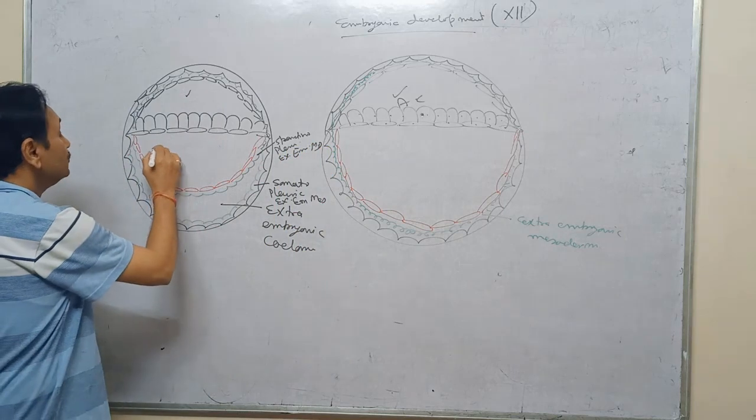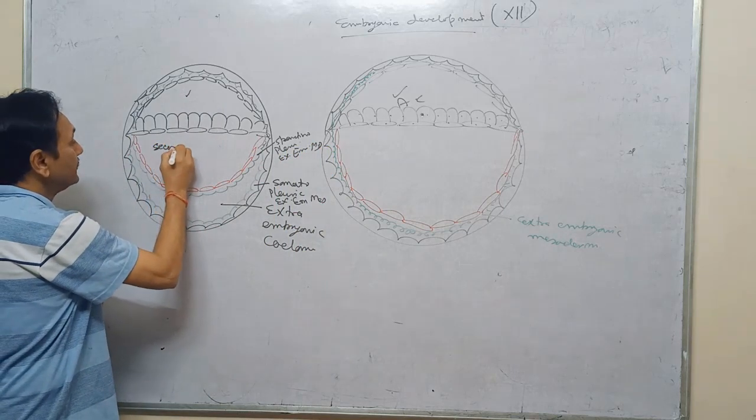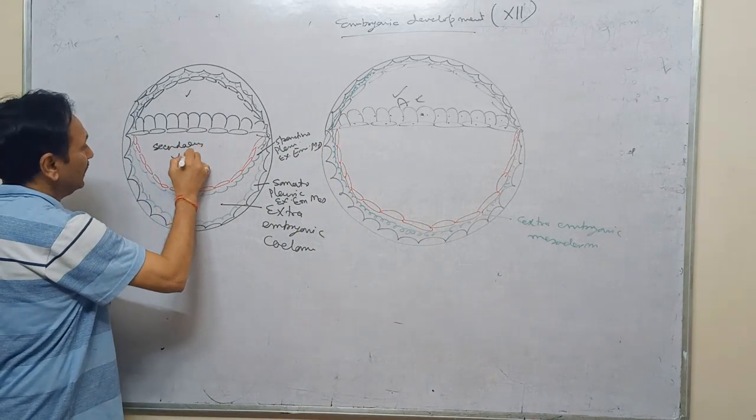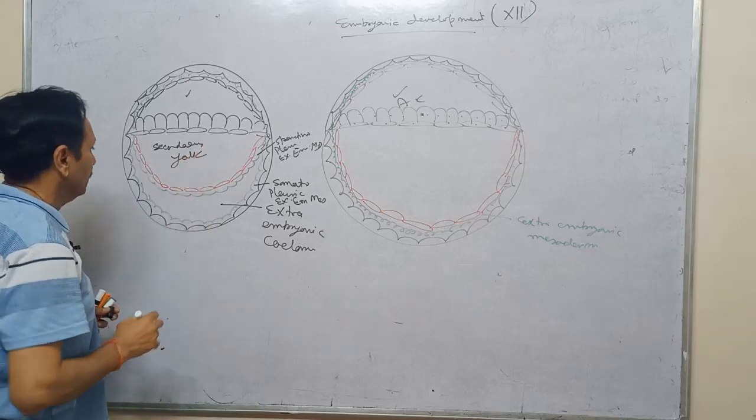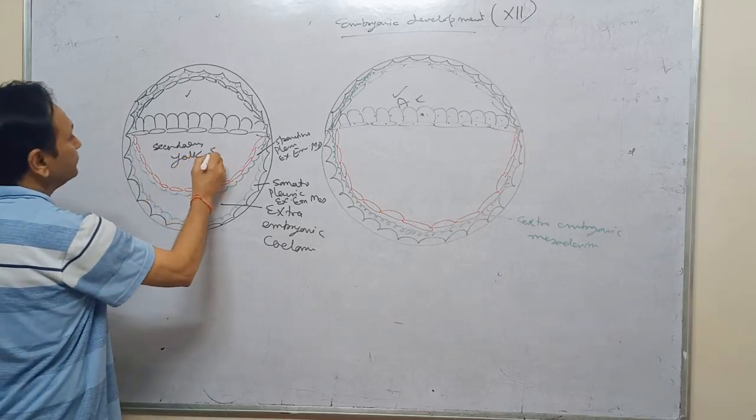Now it is called the secondary yolk sac.